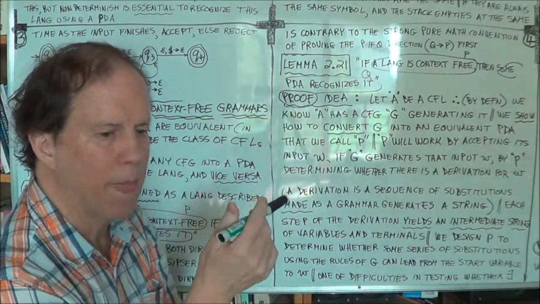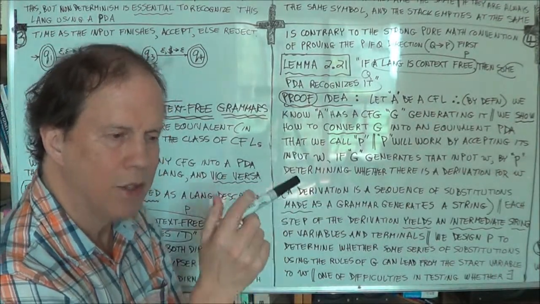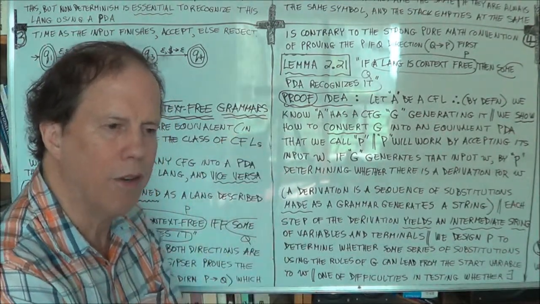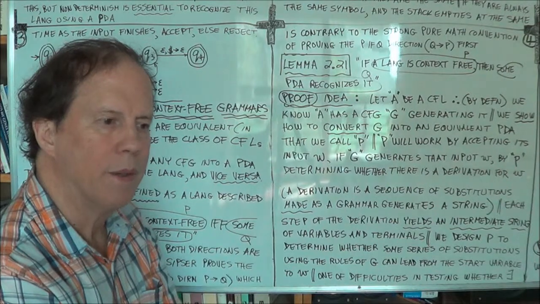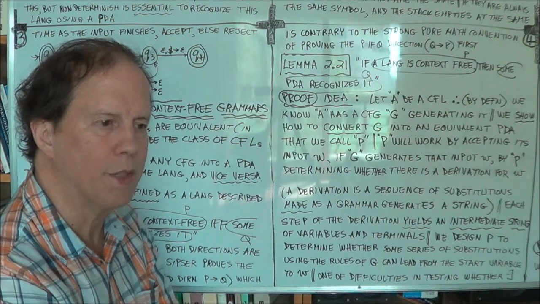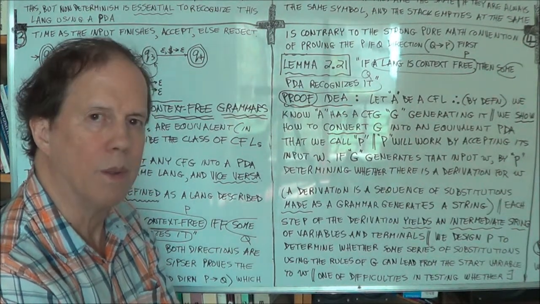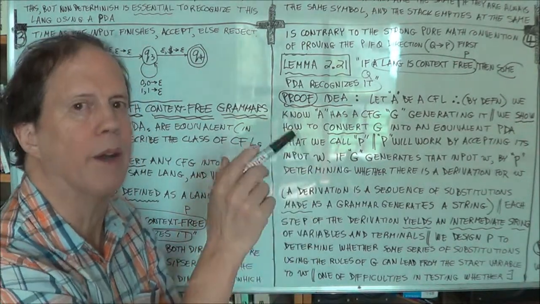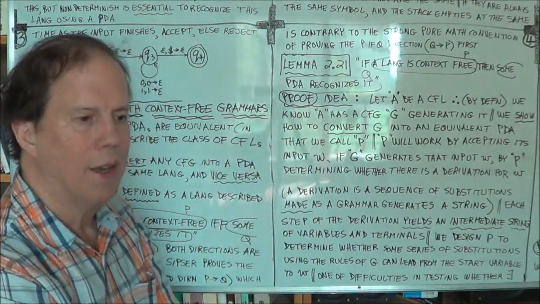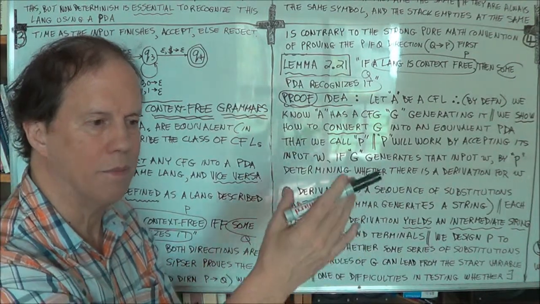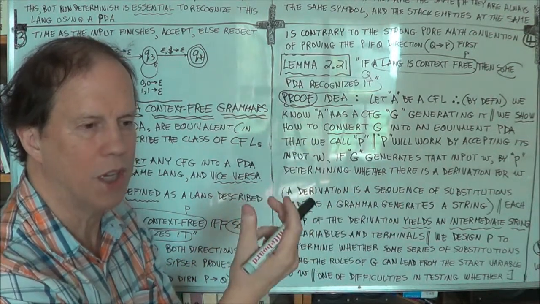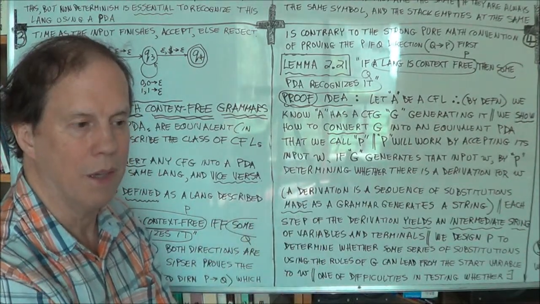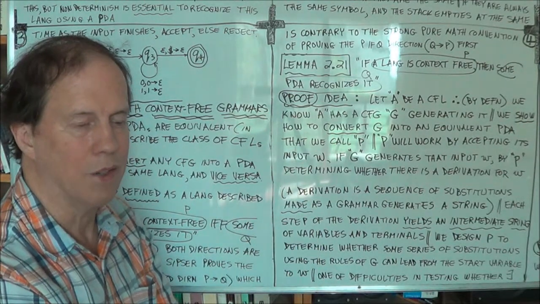I mean, you can get a PDA to behave like a deriving grammar, right? You could, for example, put the start symbol on the stack. That is the start symbol of the grammar, right? You put that on the stack, and then you use rules to change the contents of the stack, which are equivalent to intermediate strings.